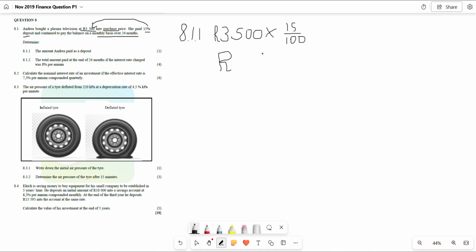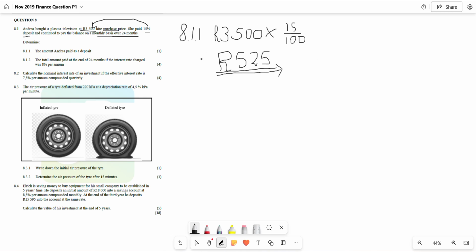Then we use our calculators: 3,500 rand multiplied by 15 over 100. This gives us 525. It means 15% of 3,500 rand is 525 rand. That is the amount that Andrea paid as a deposit.